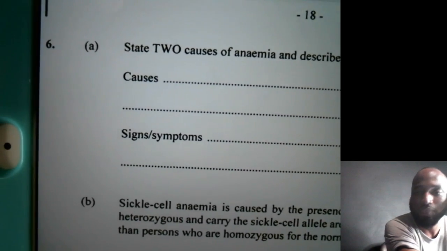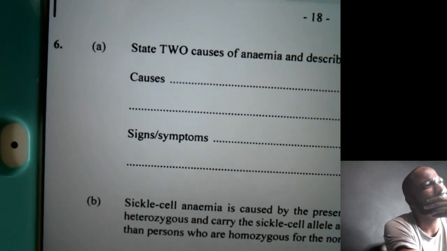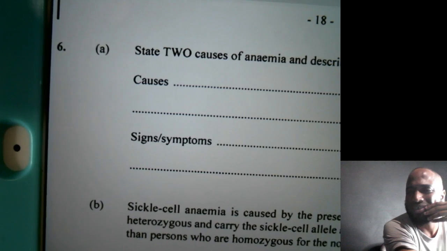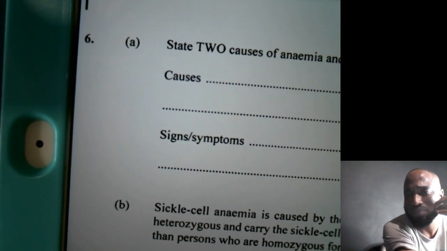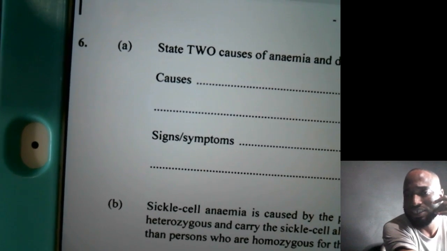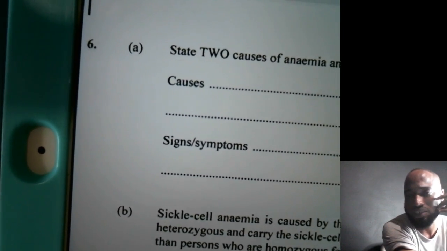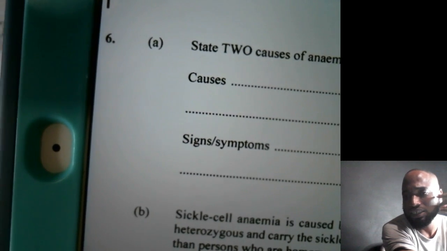Symptoms would be tiredness and shortness of breath. I didn't know shortness of breath is a symptom actually. Tiredness, erratic heartbeats, dizziness, aching bones, yes. Fatigue, yes. Dizziness, yes.